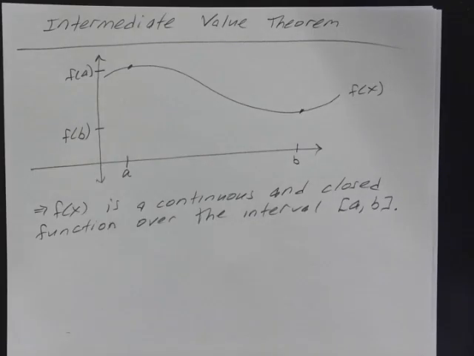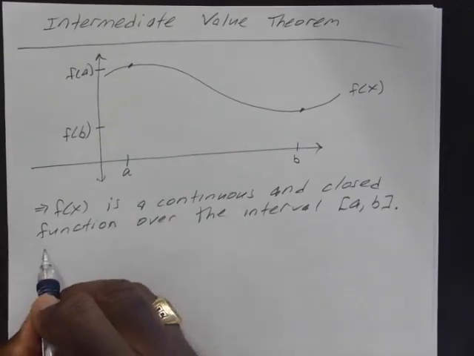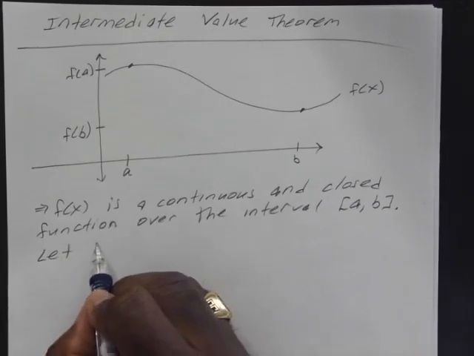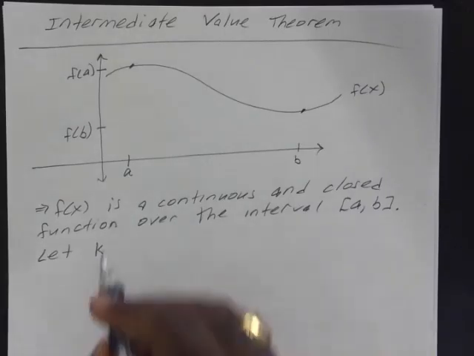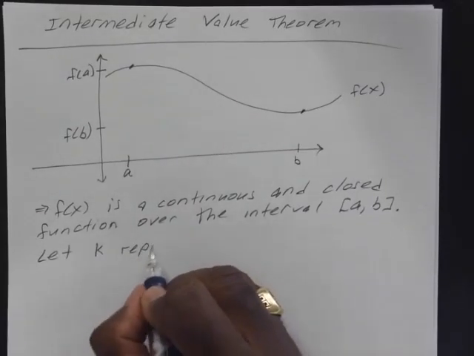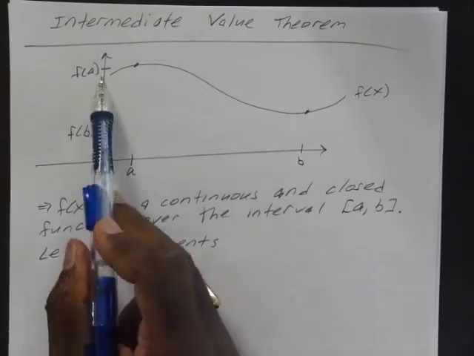So what if we know that between f of a and f of b, we let some number that we will call k. And k represents any real number between f of a and f of b.